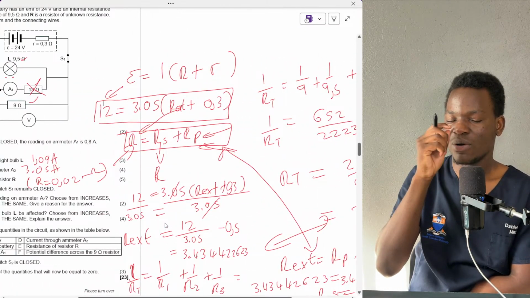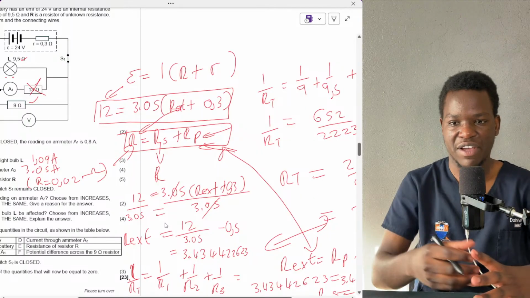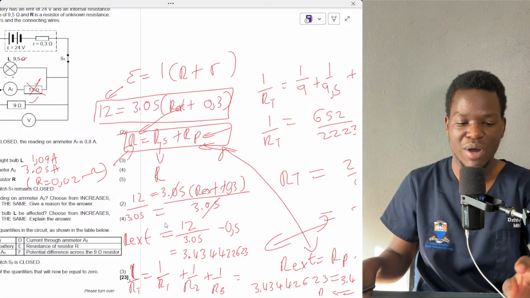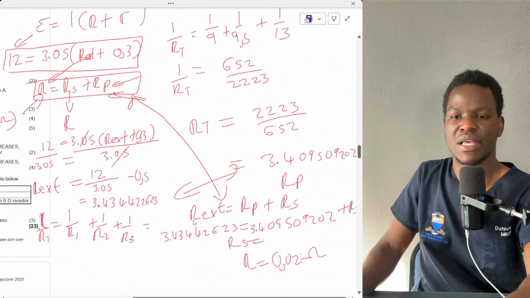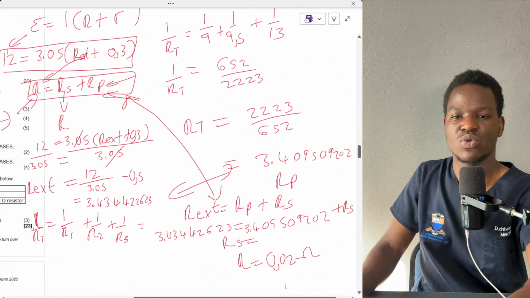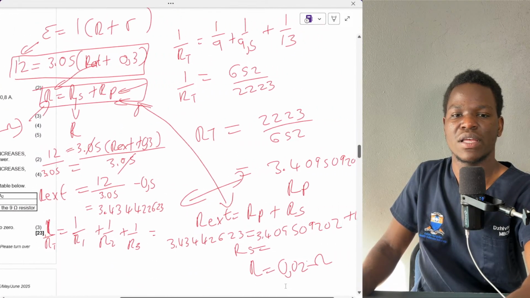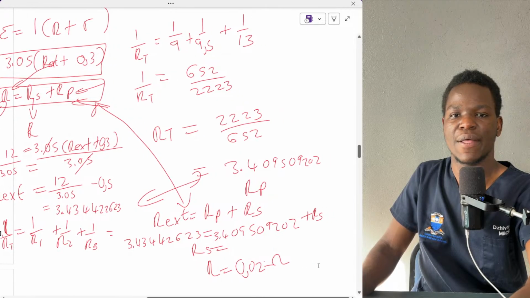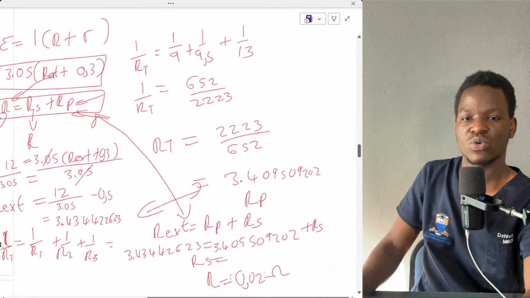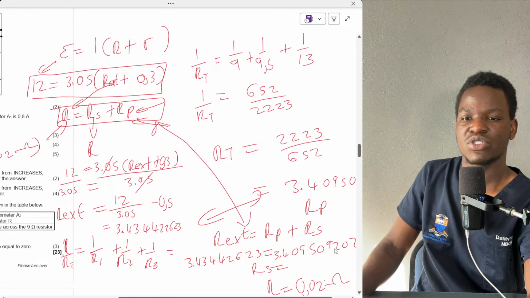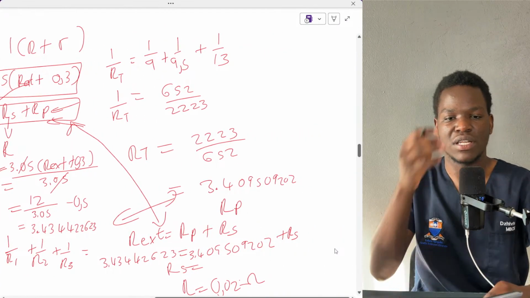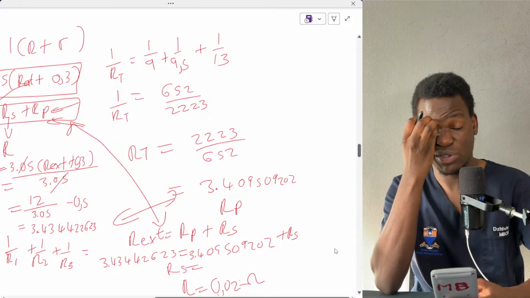Okay, let me first just verify before we go forward. So now the answer that we got is 0.02 ohms. Is 0.02 here. So this 0.02 makes sense when it comes to this. Let me add 0.02.